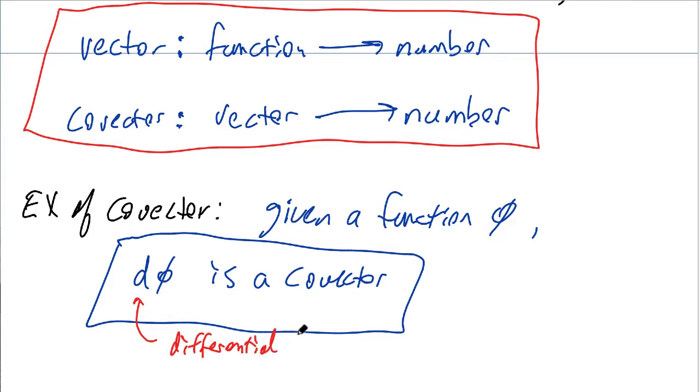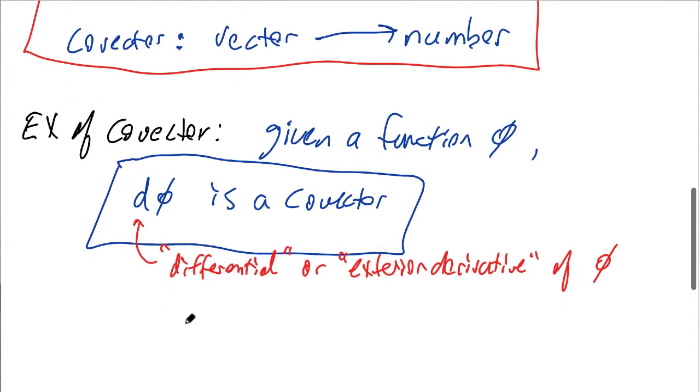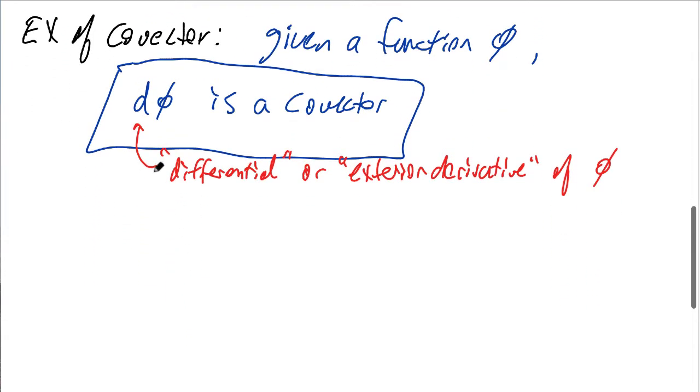This would be the differential of phi, or sometimes called the exterior derivative. Now this symbol d is a symbol that we've used a lot already in this course, and we've always interpreted it intuitively as meaning a small change in the quantity.